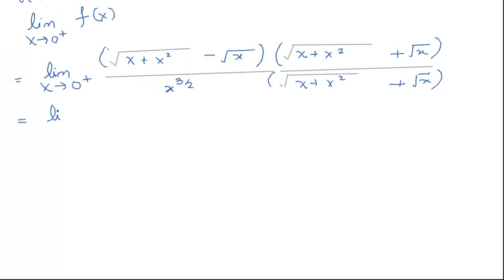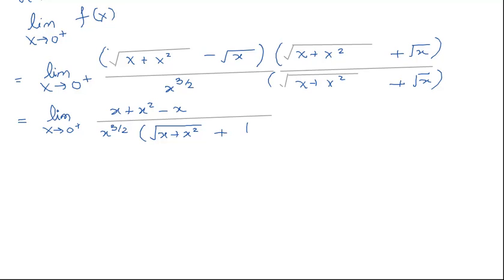That will give the limit as x approaches 0 from the positive direction of (x + x² − x) divided by x^(3/2) times (√(x + x²) + √x).